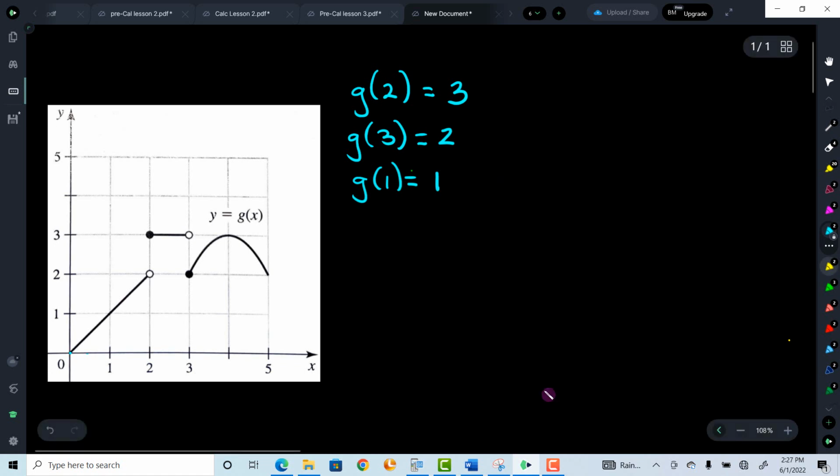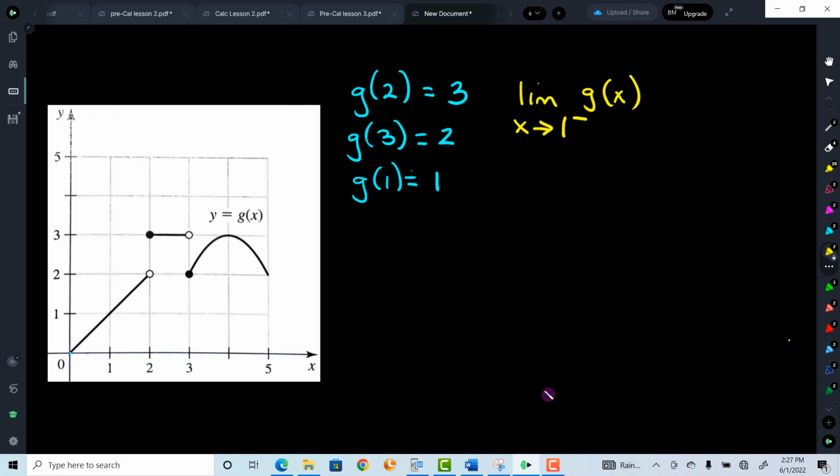Okay. So let's look at some limits. What is the limit as x approaches 1 from the left? Okay, so if you remember, the way we notate that is we put a little minus sign in the upper right hand corner, like where an exponent would go.